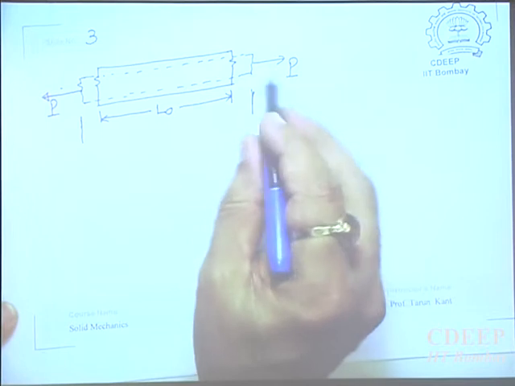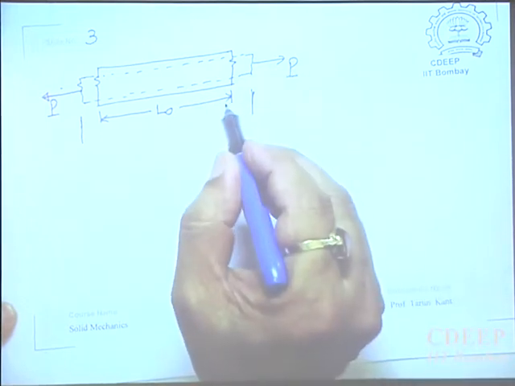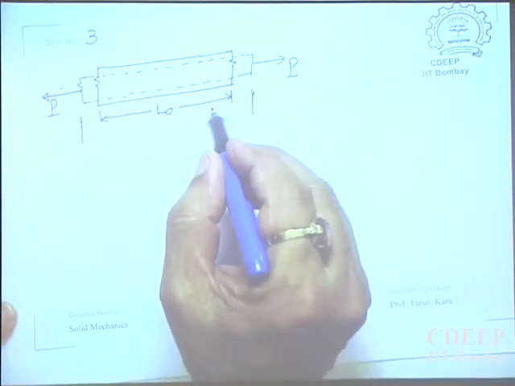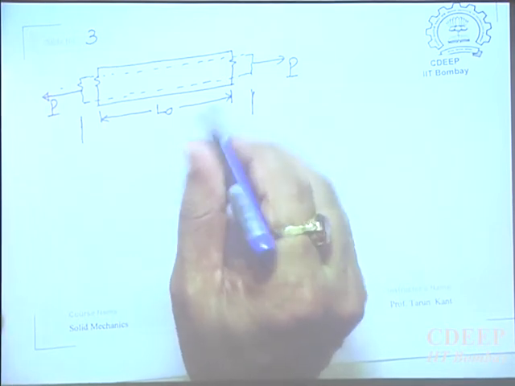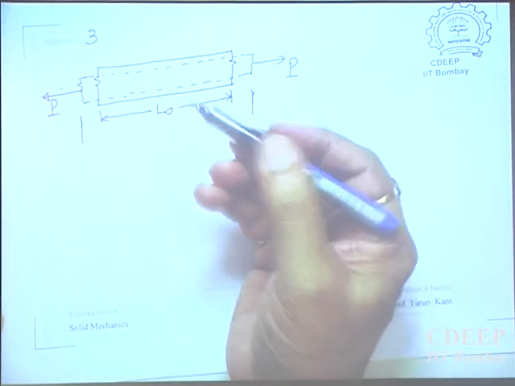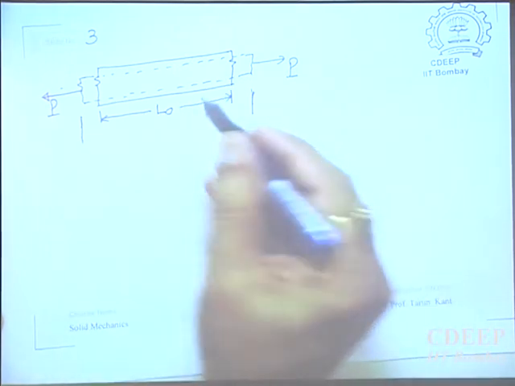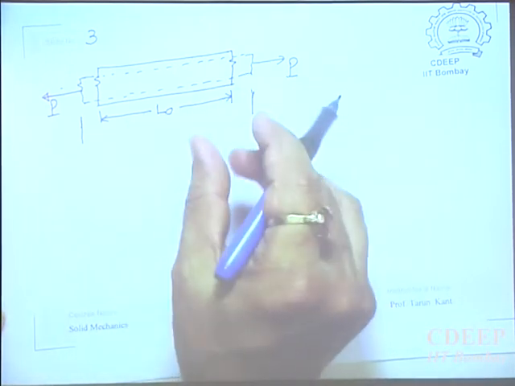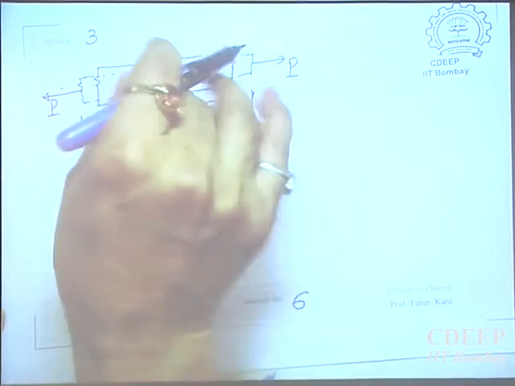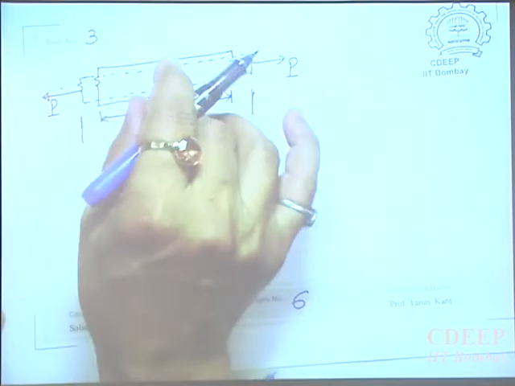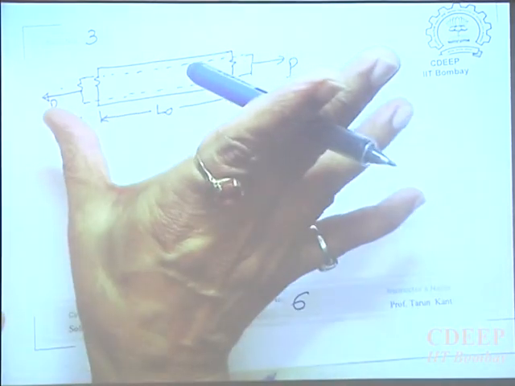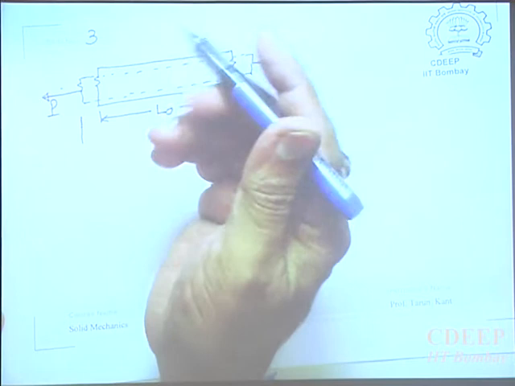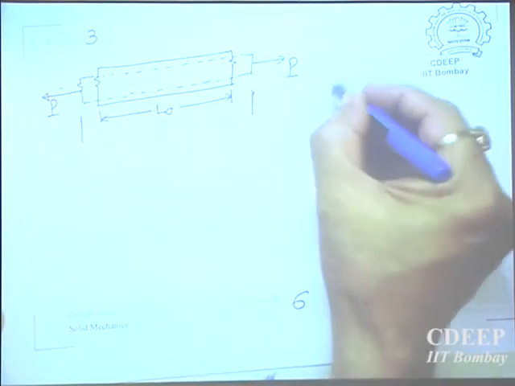Original L naught plus change in length, so it will be the strain times the length. If the uniform longitudinal strain is epsilon, then that times the original length will be the change in length, is it not? How do you define strain?